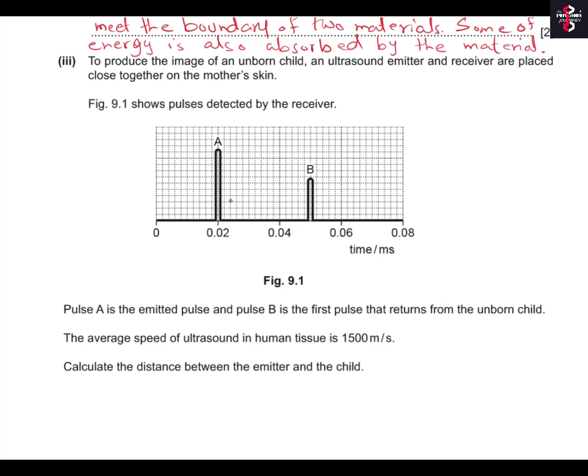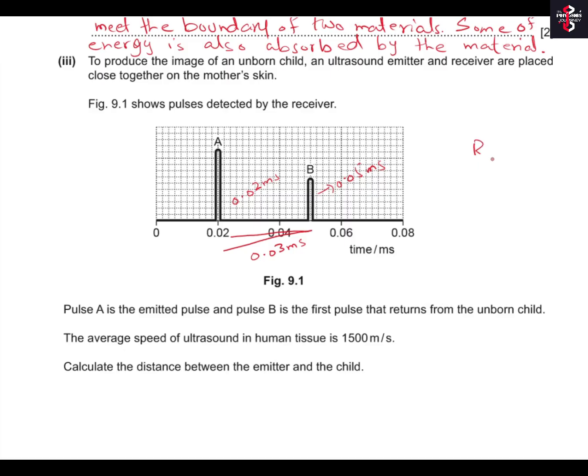So it is 0.02 millisecond, and this is 0.05 millisecond, which means the difference between both of these points is 0.03 milliseconds.